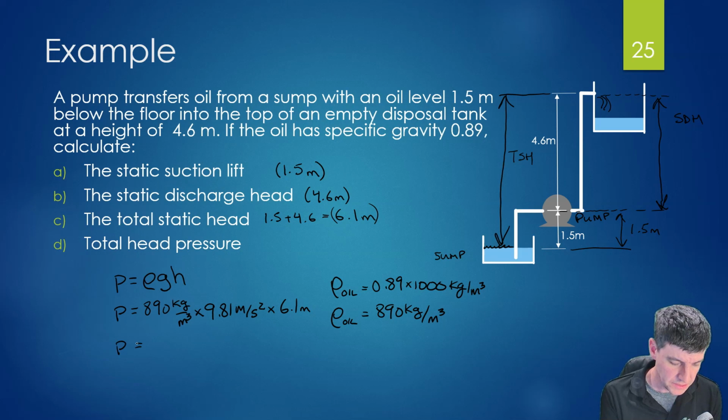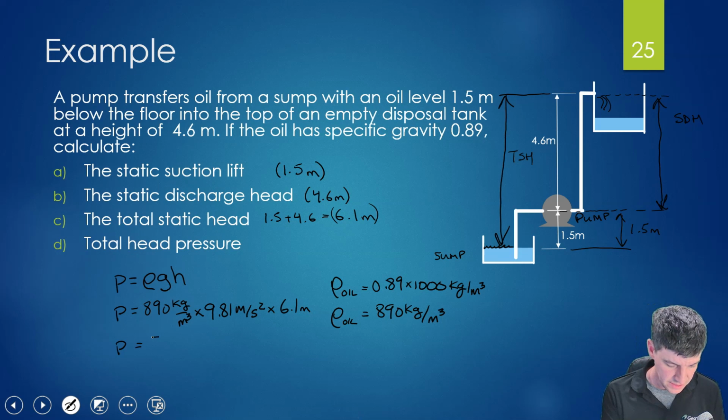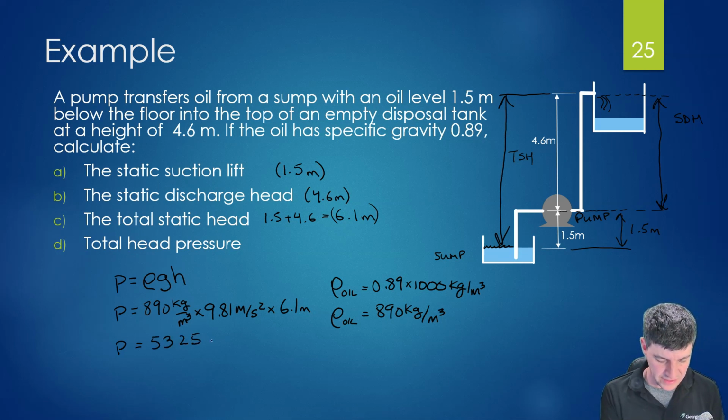In this case, my pressure ends up as 890 times 9.81 times 6.1, and I get 53,258 pascals, or 53.3 kPa.